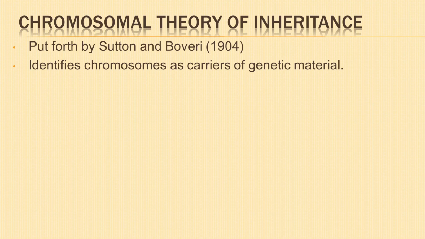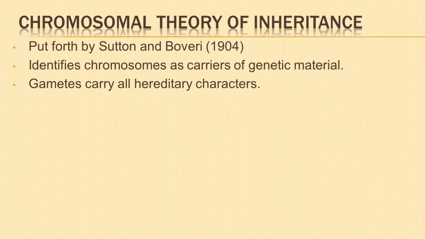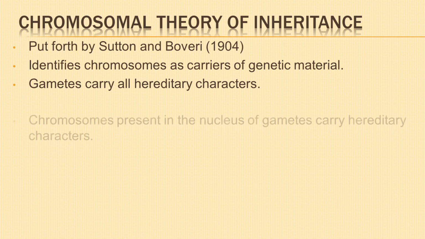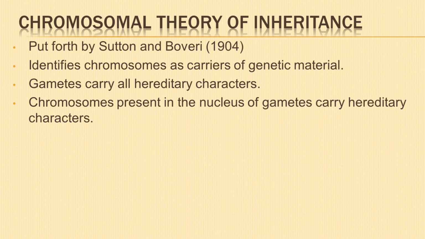It states that gametes carry all the hereditary characters and act as a link between parents and offspring. Chromosomes present in the nucleus of gametes carry all the hereditary characters.